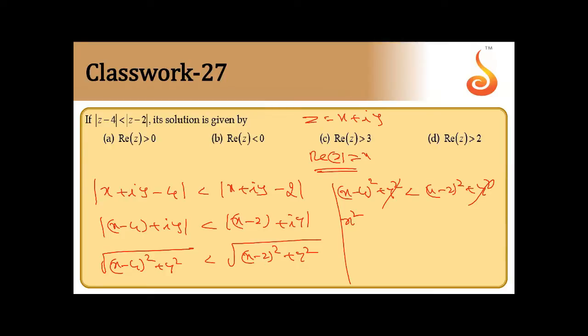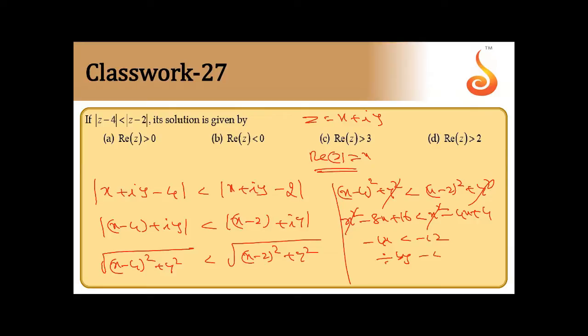Expand: x square minus 8x plus 16 less than x square minus 4x plus 4. Now x square cancel. So minus 4x less than minus 12. Nitin, please solve it. So divide by minus 4. Yes, very good.